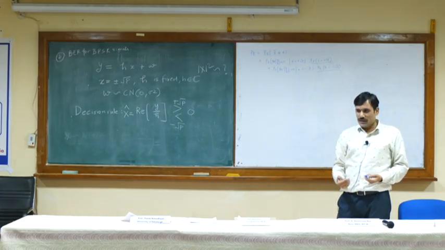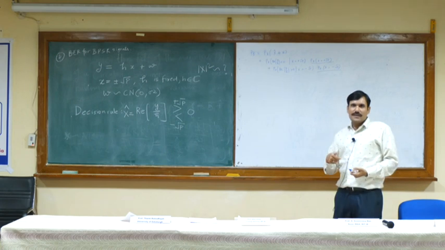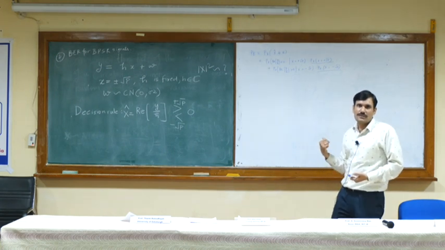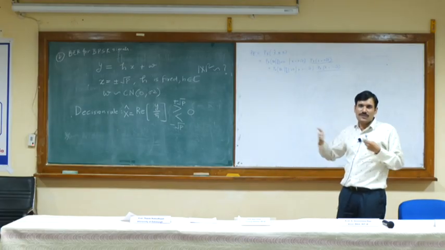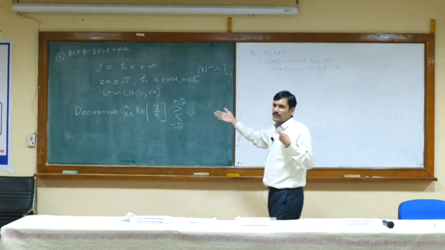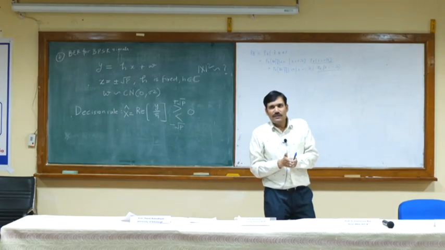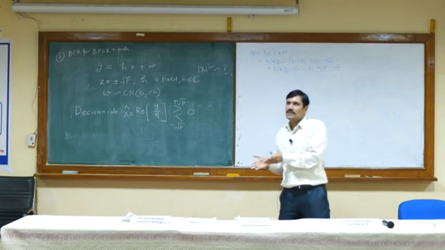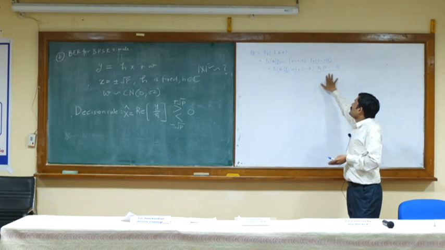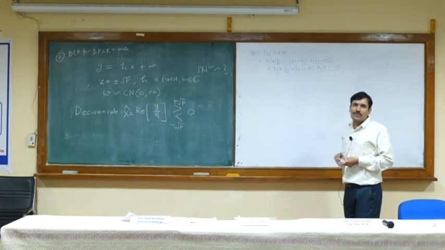For example, I can toss a coin and I can assign head to 0 and tail to 1. So I will have a series of zeros and ones if I toss the coin multiple times. And those zeros and ones will have approximately half the probability of being 0 and half the probability of being 1. So we usually assume it to be 1 by 2, 1 by 2. Equiprobable symbols.